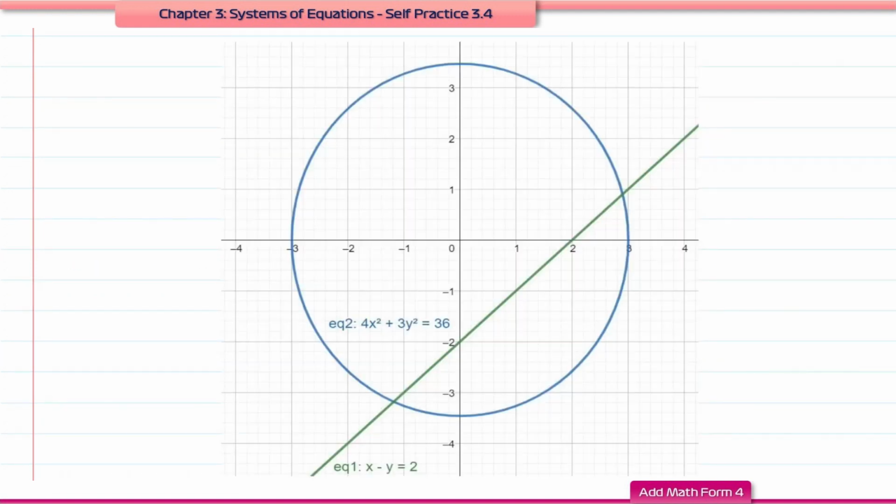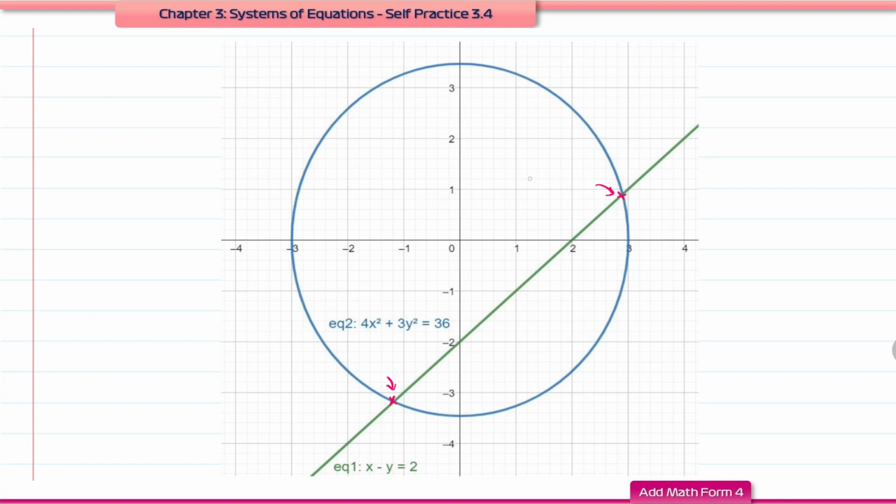All right, so this is the graph that I plot using the GeoGebra software. Equation number 2 is a circle and equation number 1 is the linear one. Now we just need to find the intersection points between these two graphs. We have two intersection points, one here and another one here.